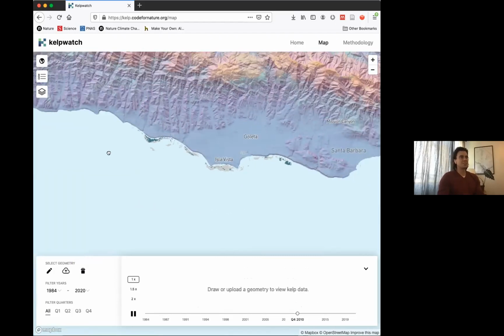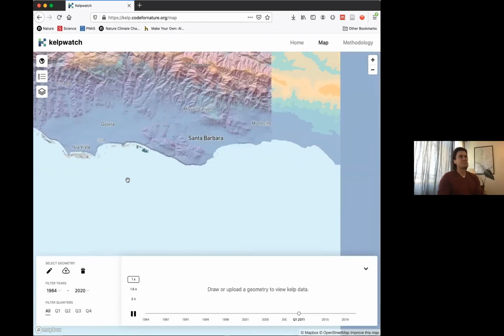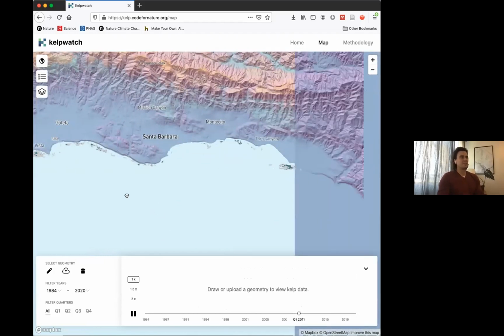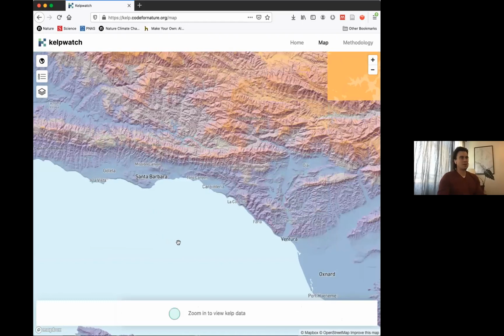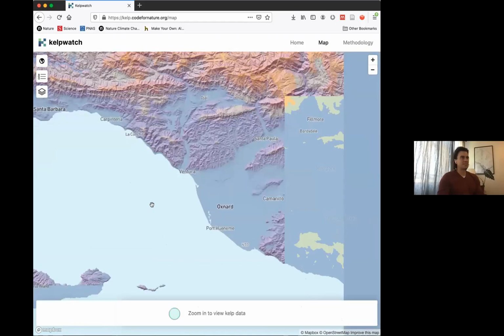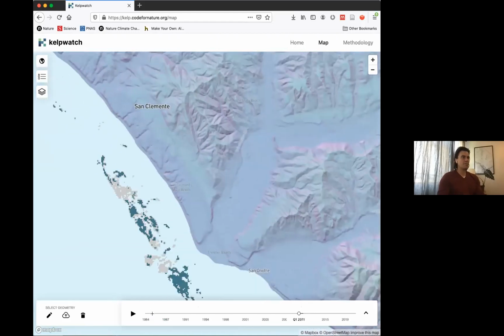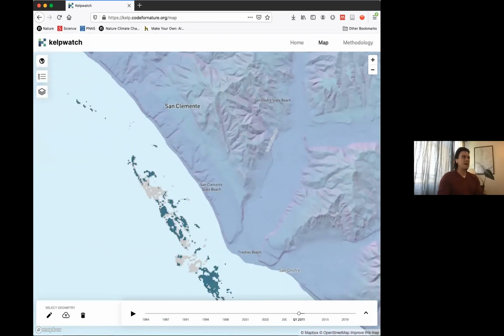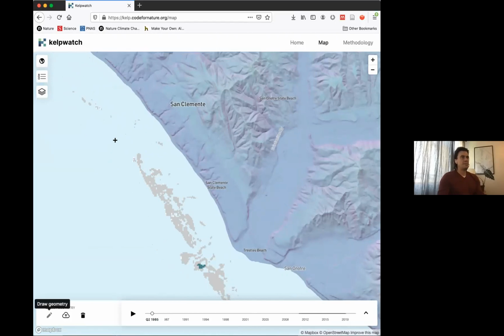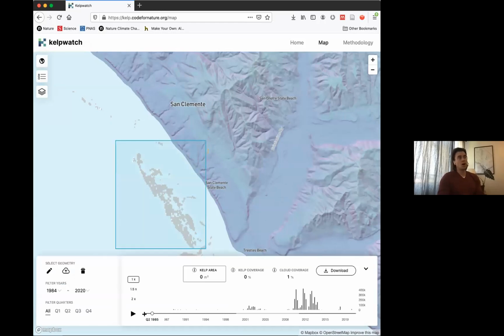And again, there are a number of interesting features that we can look at here. One thing that I think is kind of interesting: there's this artificial kelp forest off of San Clemente that has been funded by SoCal Edison due to kelp loss from the San Onofre nuclear power plant.